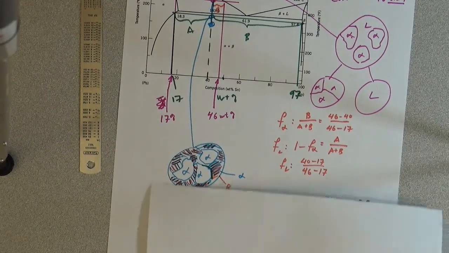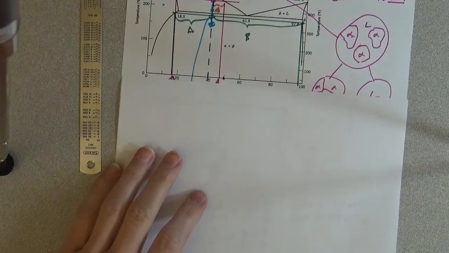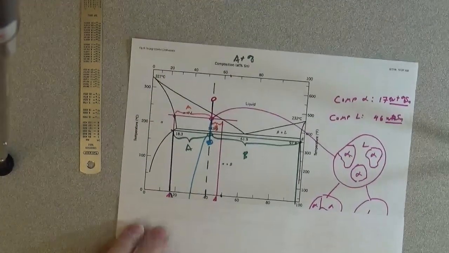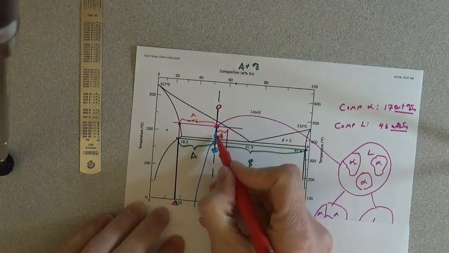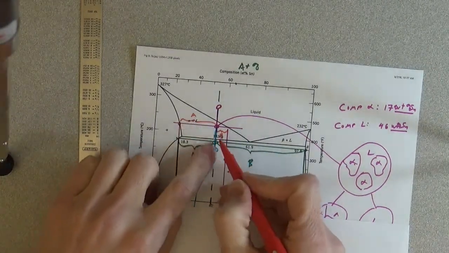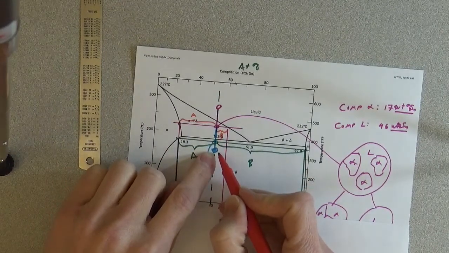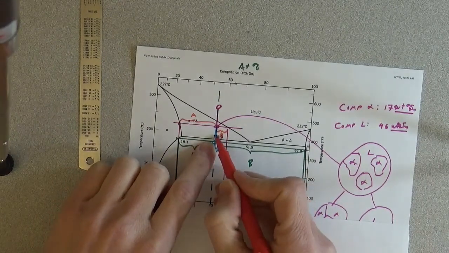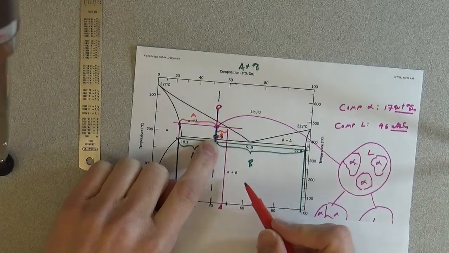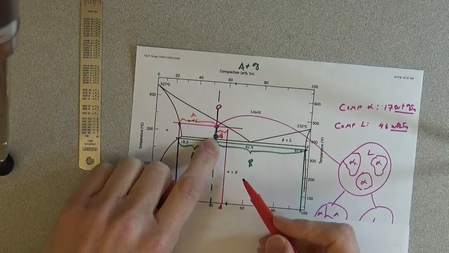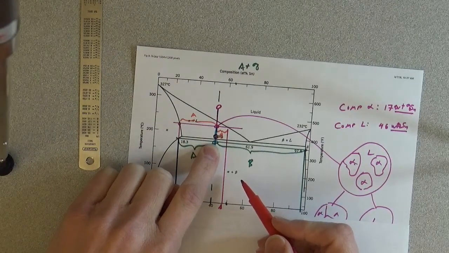And we can get that by going up and recognizing that when we transform from alpha plus liquid into alpha plus beta, what happens is right above the eutectic temperature, we have alpha plus liquid, and when we cool down, that liquid transforms.